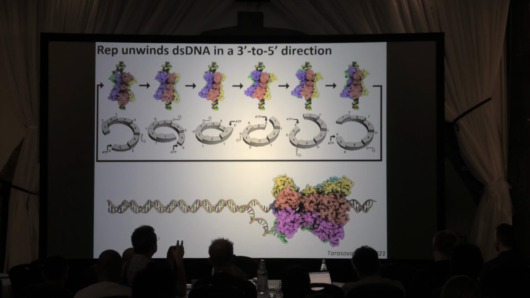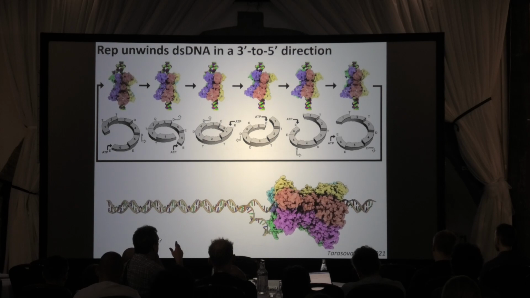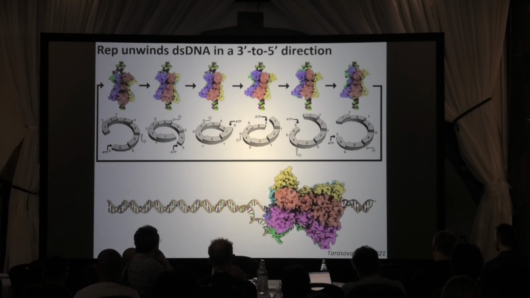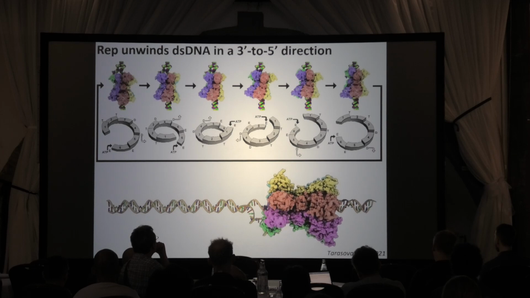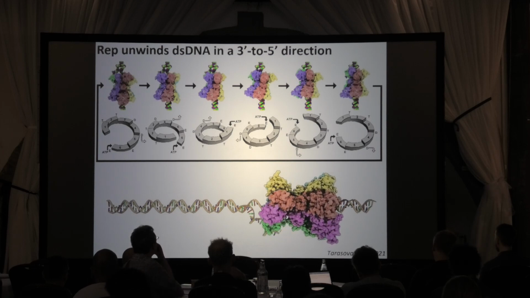Okay, so this subunit goes through each one of these different conformations to move the helicase 1 nucleotide at a time, going from the 3' end to the 5' end. So that's one thing I did not talk about, that there's directionality in this. It's been shown biochemically, and now we have a structure showing which direction it moves.